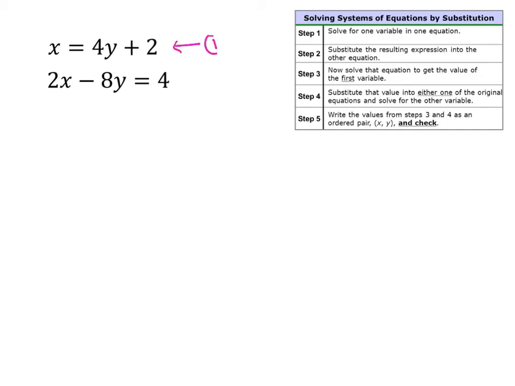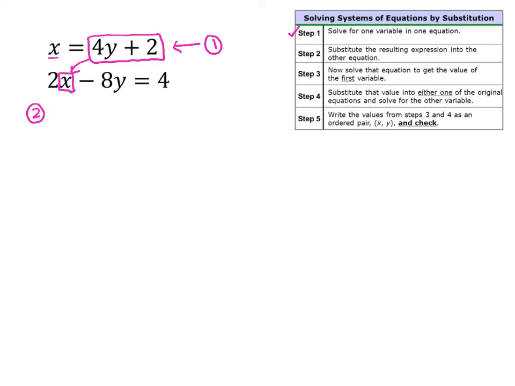So if we look at step 1, solve for one variable in one equation, we have x by itself. We know x is 4y plus 2. That means I get to replace, in step 2, x in my second equation with 4y plus 2.